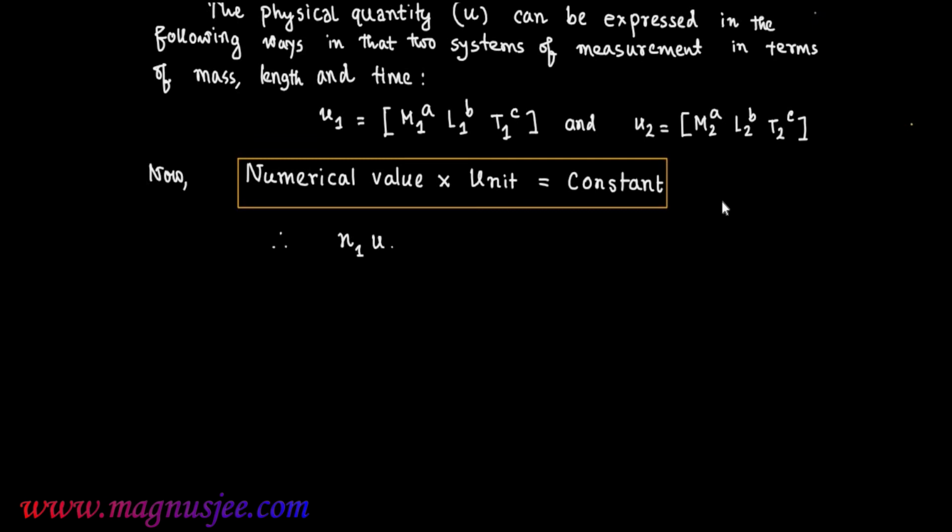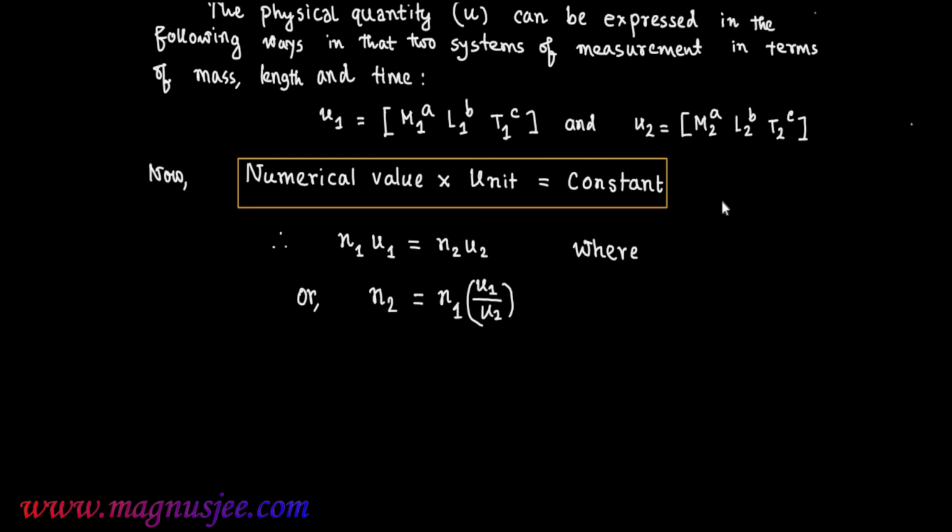Therefore, n1 u1 will be equal to n2 u2. Therefore, n2 equals n1 under bracket u1 by u2. This is the numerical value of the physical quantity in the second system of measurement.